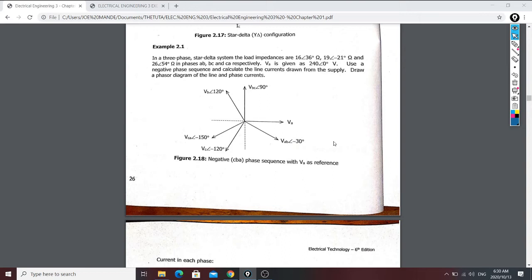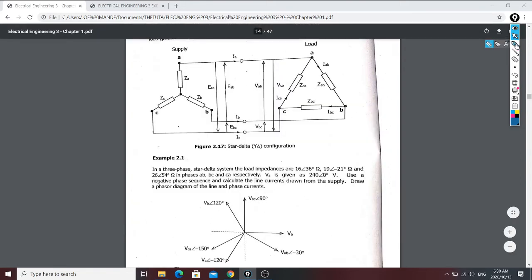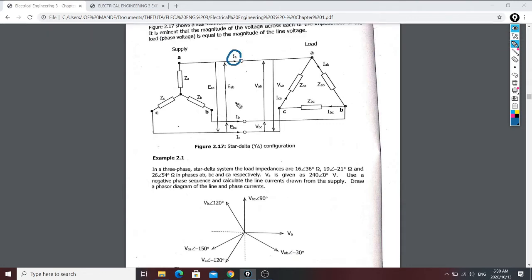First of all, we need to calculate the line current, which is the current coming from the supplier, which is our IA, IB, and as well IC. But in order for us to calculate those currents, what did we say? When it comes to a delta, we need to make sure that we calculate our IAB, IBC, and ICA. We have explained already how to calculate it.